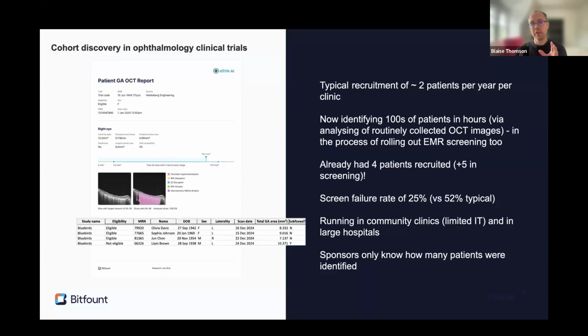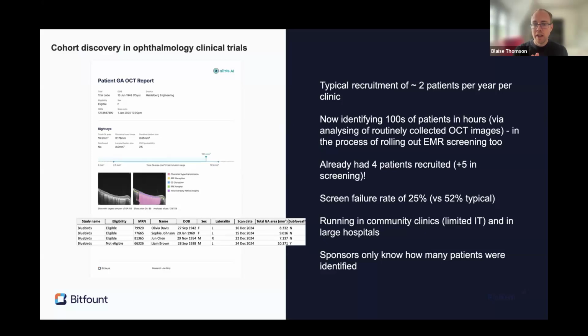I say federated because the sponsor of the trial specifies all the analysis that needs to be done, and the clinics are all waiting for that analysis, and it gets sent down to them and runs locally. The clinic gets actual patient-level data, and the sponsor gets aggregated statistics of how many patients have been identified.